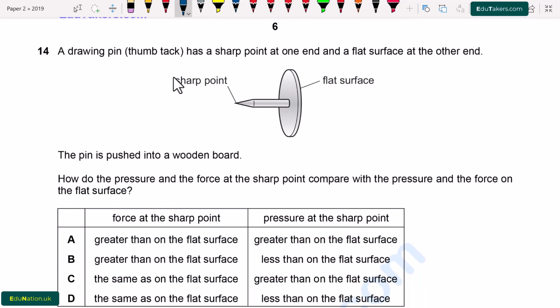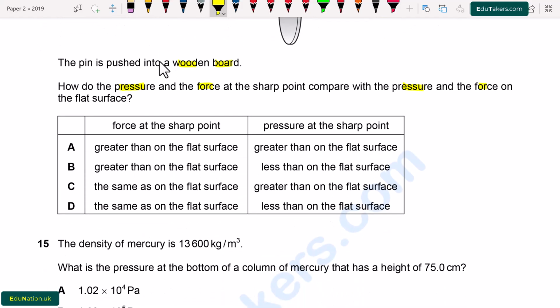Question number 14. A drawing pin thumbtack has a sharp point at one end and a flat surface at the other end. The pin is pushed into a wooden board. How does the pressure and the force at the sharp point compare with the pressure and the force at the flat surface? Force at the sharp point, pressure at the sharp point.